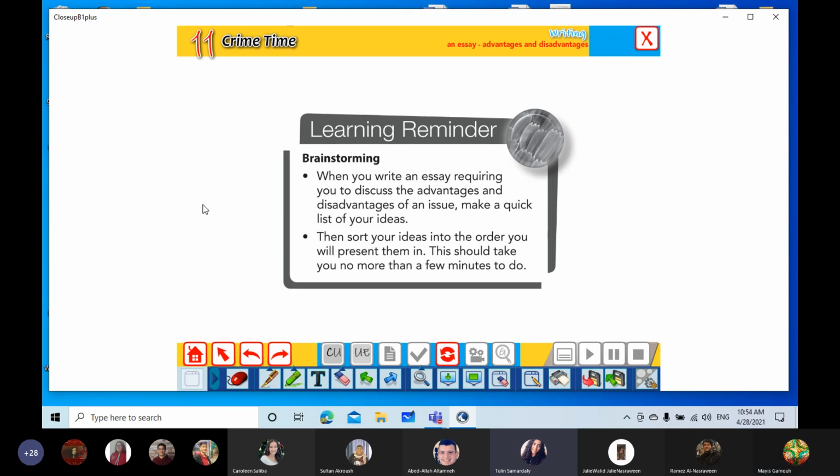When you write an essay requiring you to discuss the advantages and disadvantages of an issue, make a quick list of your ideas. Then sort your ideas into the order you will present them in. This should take you no more than a few minutes to do.